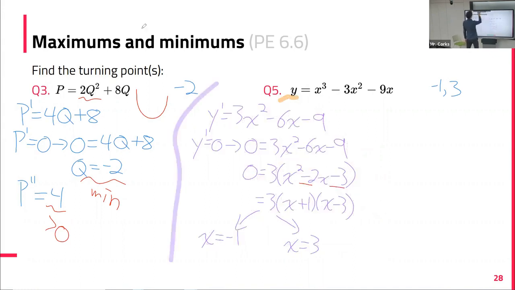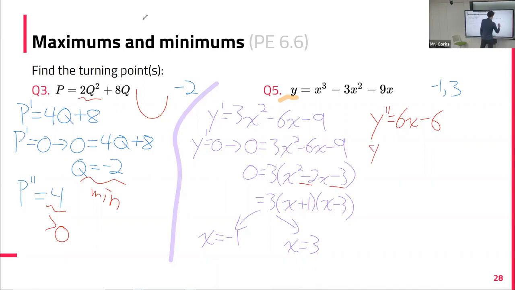And our second derivative is what here? 6x minus 6. Okay, and we're going to take these two values for x and substitute them in.